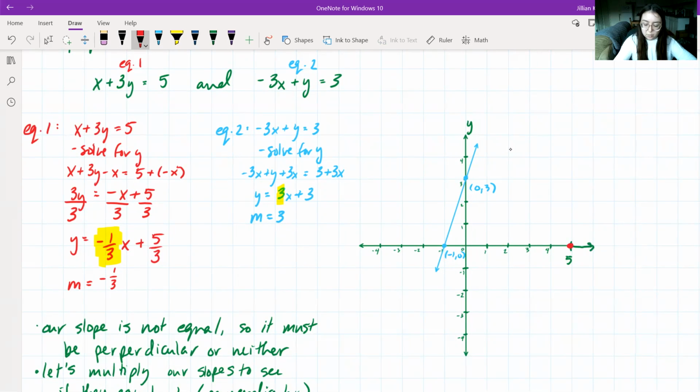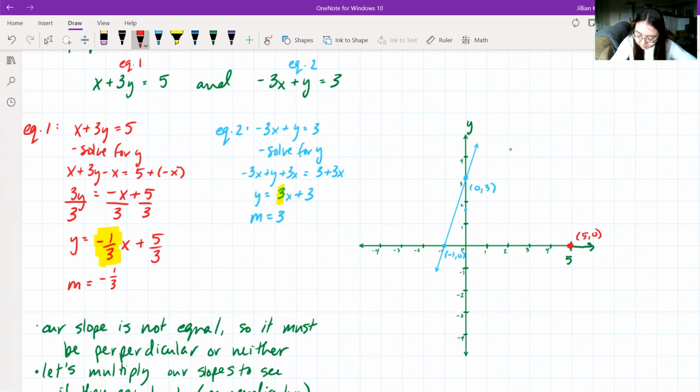So for equation 1, our x-intercept is 5, 0. And our y-intercept in this case is going to be 5/3 or 0, 5/3. 5/3 is technically 1 2/3, so we're really just going to estimate this spot on our graph. And let's say it's about right here.